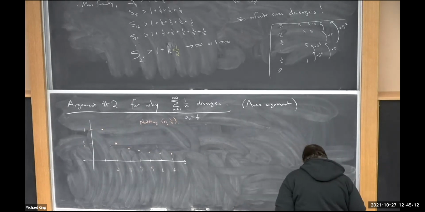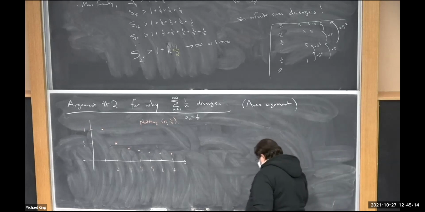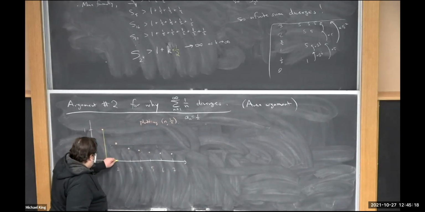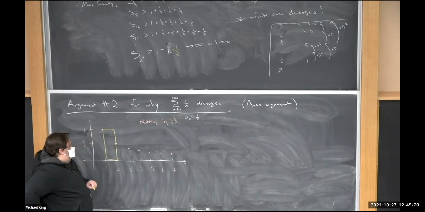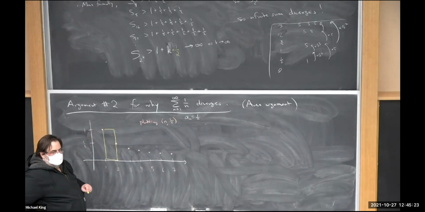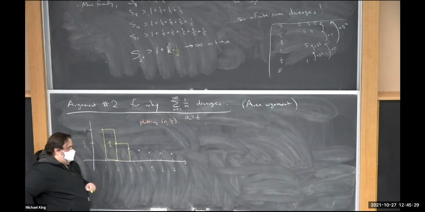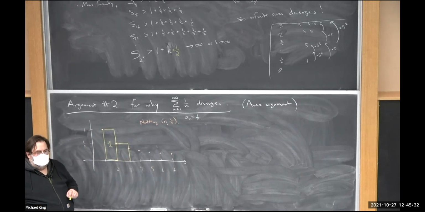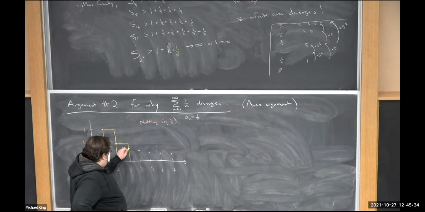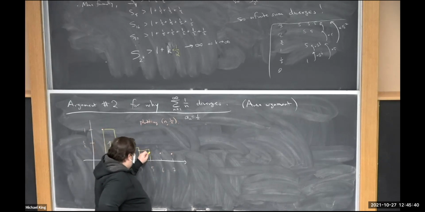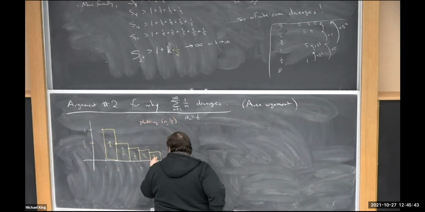Okay, now I can make rectangles out of this. So here's a rectangle. That's height 1, base 1, area 1. I can make a rectangle here, base 1, height 1/2, area 1/2. This is area 1/3. This is area 1/4. This is area 1/5.